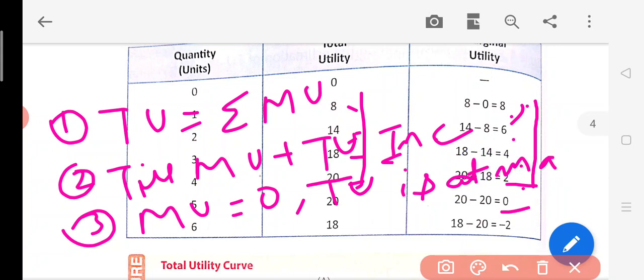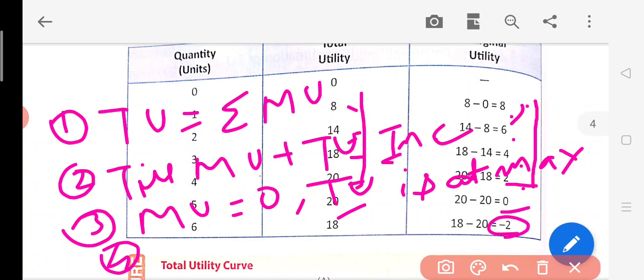It is at max, right? Because at the fifth unit the total utility was 20 and after that it became 18, so it was falling at last. Okay. Now the last relationship which you can see over here is when marginal utility is negative.